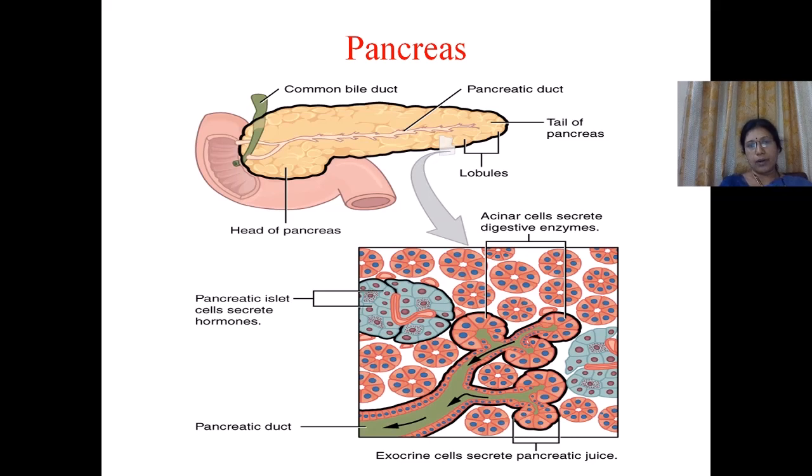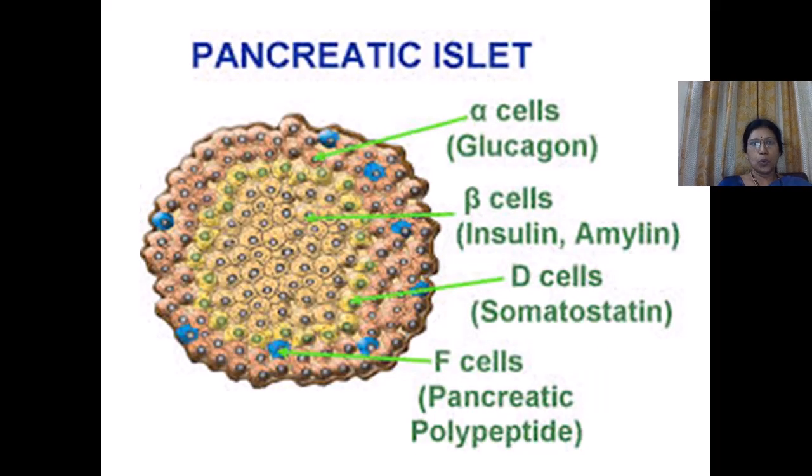The pancreatic juice consists of digestive enzymes which help in digestion. Among these acini, there are some cells called islets of Langerhans. These islets of Langerhans cells are endocrine in nature and they produce different types of hormones.